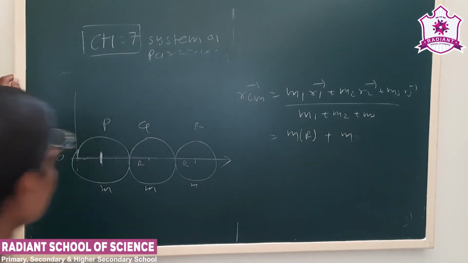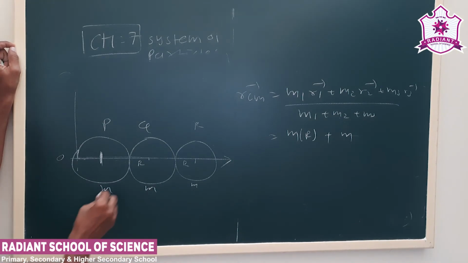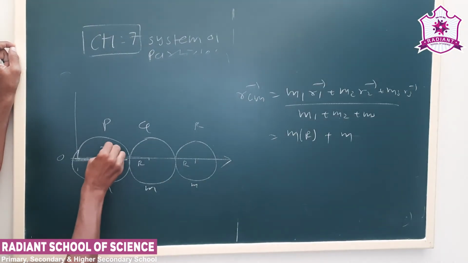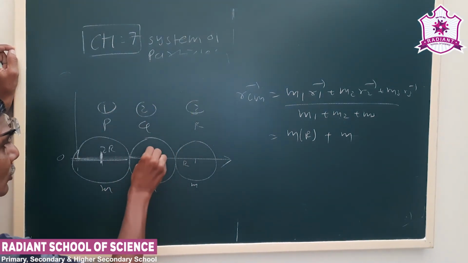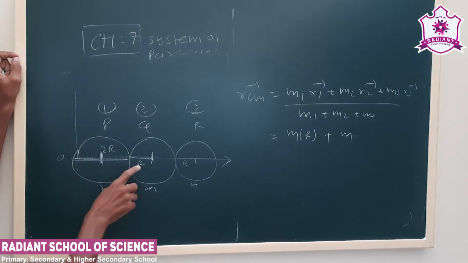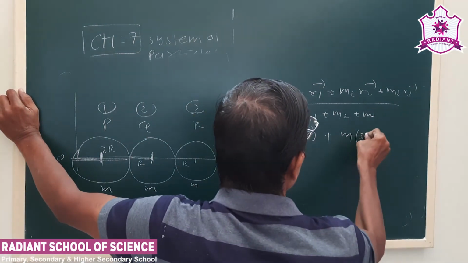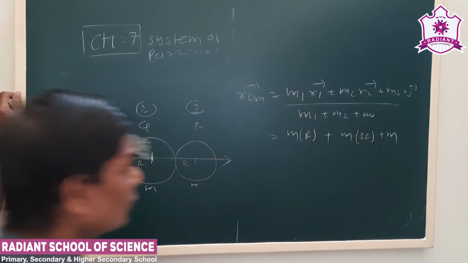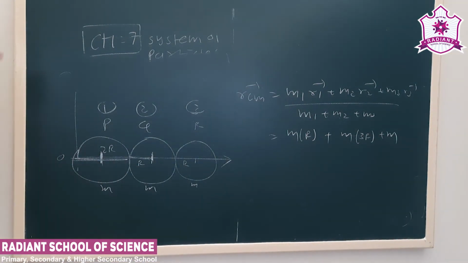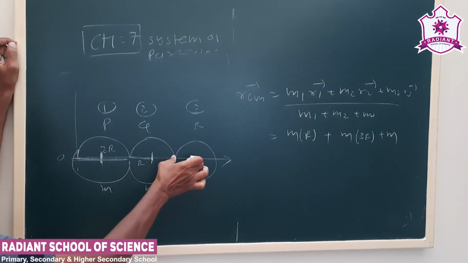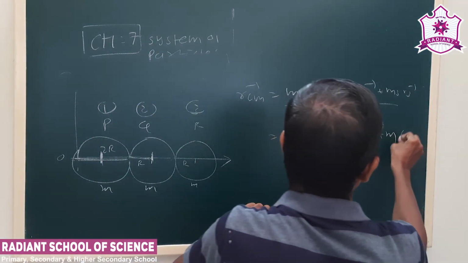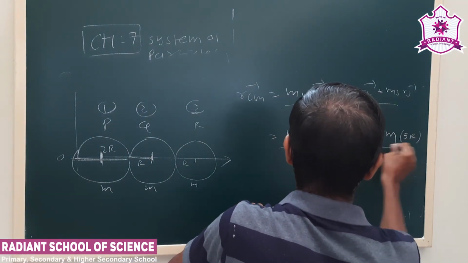For m2 also, the radius is r, so the distance of the first sphere is 2r, and for the second sphere, the geometric center, the distance will be 2r plus r, that is 3r. m3 is also m. This is the diameter, this also is diameter, so the total distance is 4r, and the geometric center will be 5r.